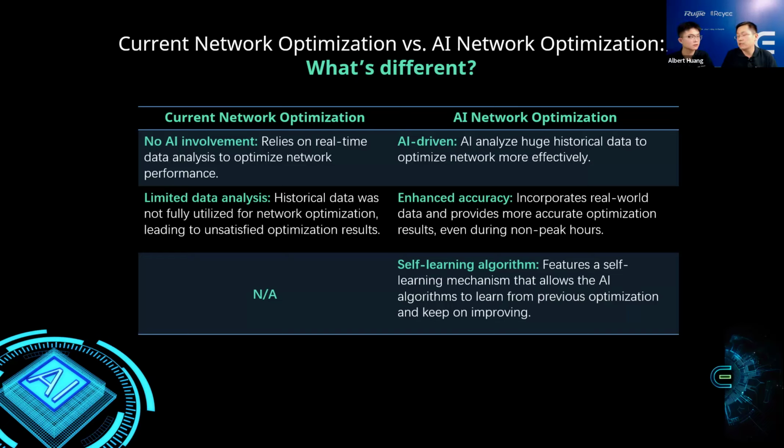It keeps self-learning and keeps on improving its optimization based on its previous experiences. Yes, like a wheel. I get the point. So that is why we call it AI network optimization. It really acts like a real human learning from past experiences. Yes, and AI will learn it. Okay, that is pretty cool.